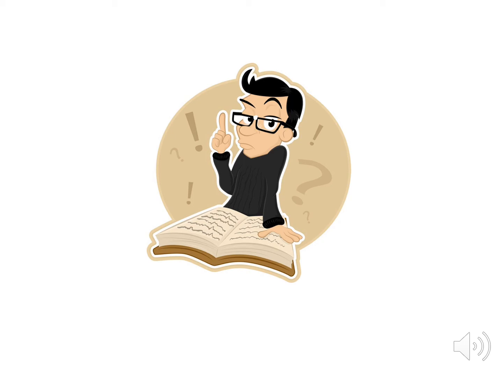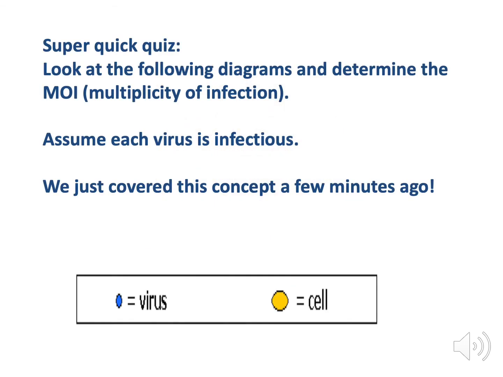All right, so in this super quick quiz, look at the diagrams and determine the multiplicity of infection. You can assume that each virus is infectious here, and really we just covered this a couple of minutes ago.